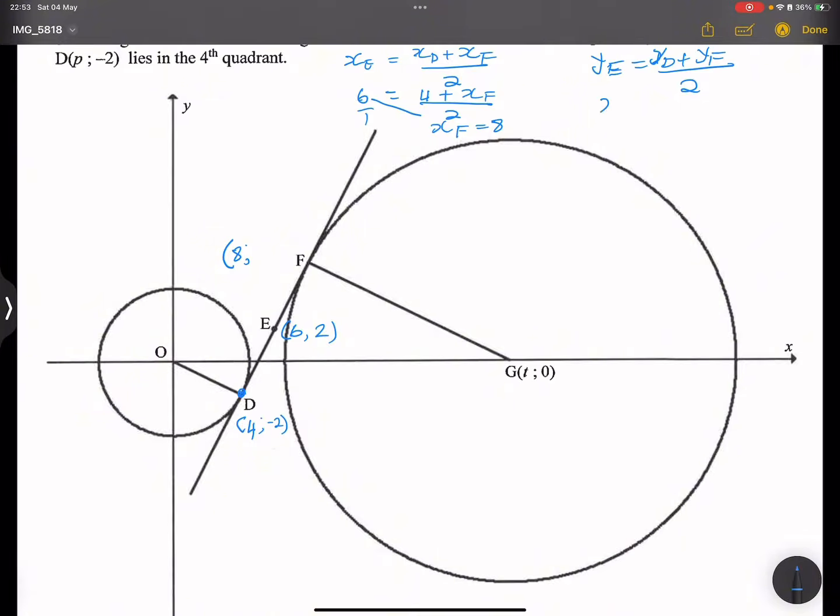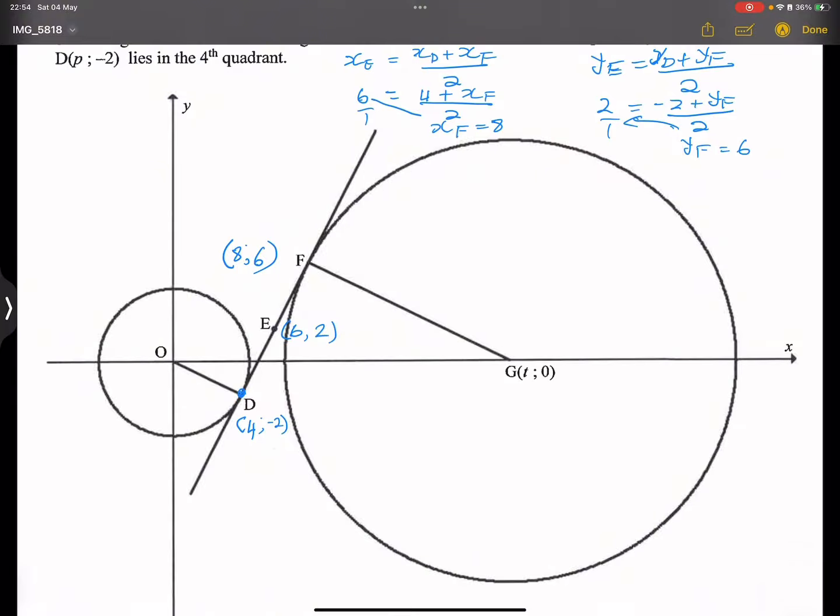So 2 is equal to, the y value at D is negative 2 plus yF, divided by 2. And if we take that, that's 2 times 2, which is 4. Okay, and we've got plus another 2, which means the y value at F is equal to 6. So that means that the point F has got the coordinates (8, 6). All right, so that is how we are going to get that value.